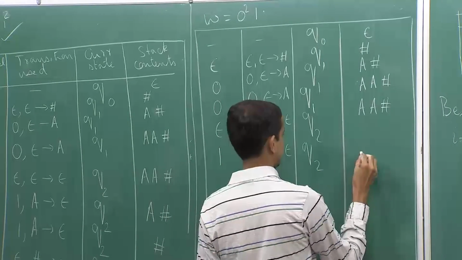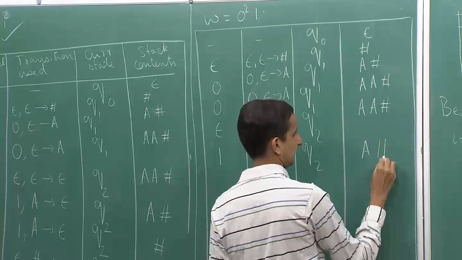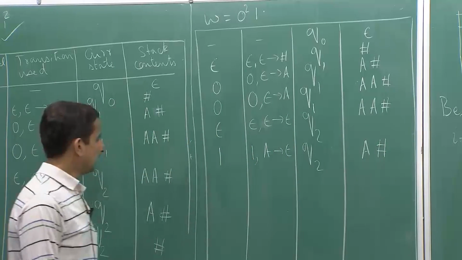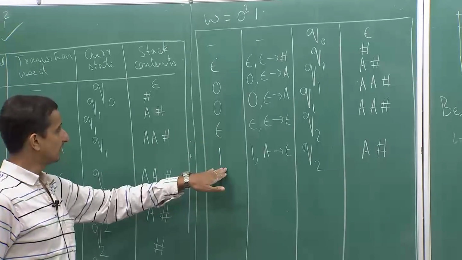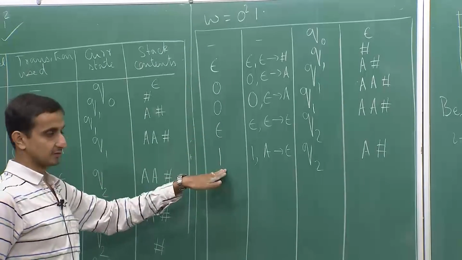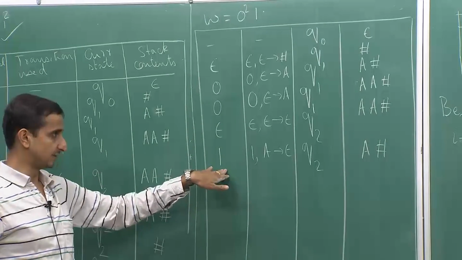The stack contains A hash, and at this step my input is exhausted. I do not have any more bits to read.